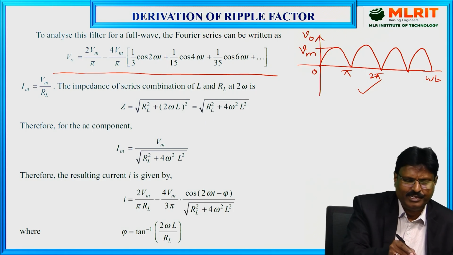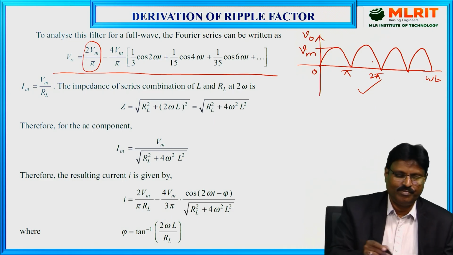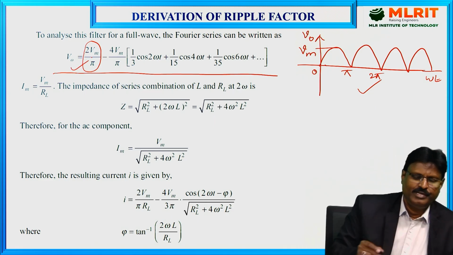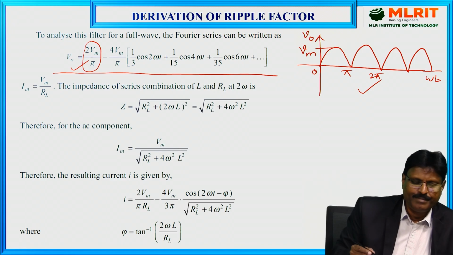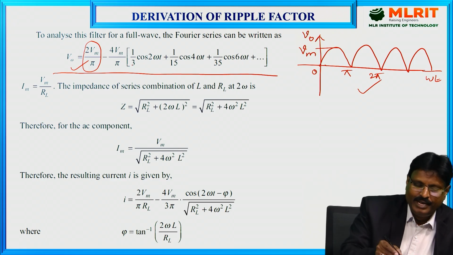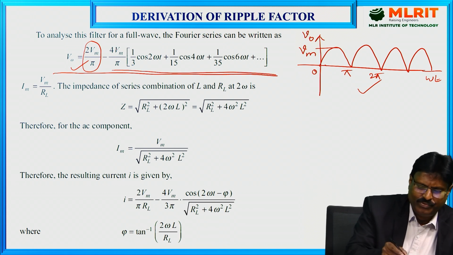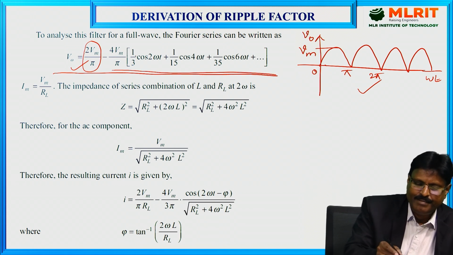It is a combination of both DC components as well as AC components. The first term is 2 Vm by pi. This represents the DC voltage. The remaining higher order terms: the next term is minus 4 Vm by pi into 1 by 3 cos 2 omega t.